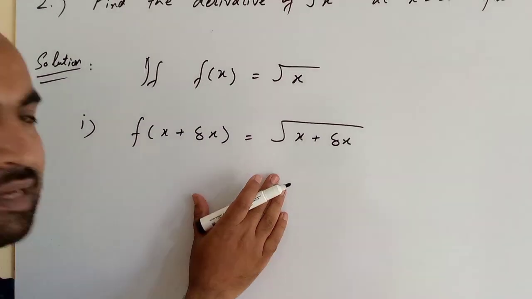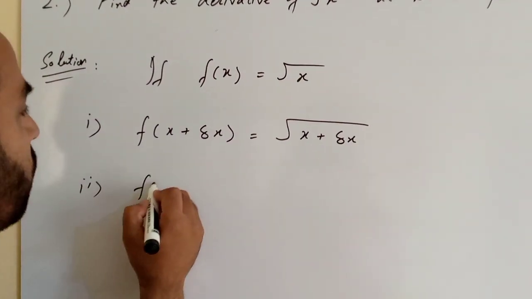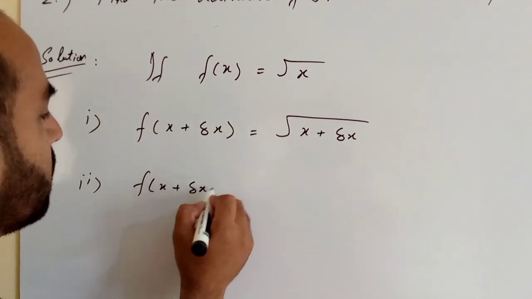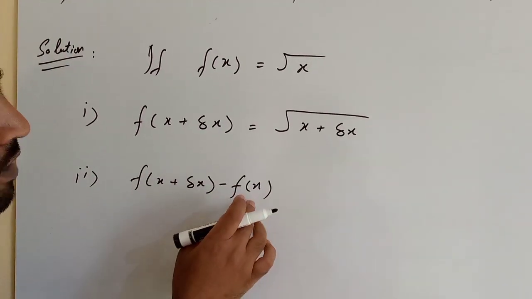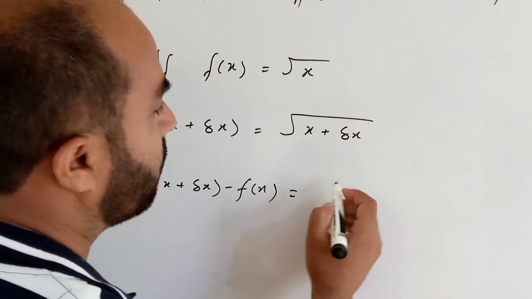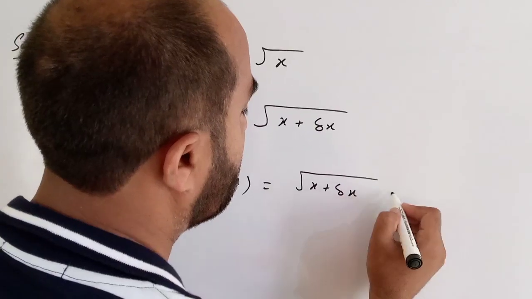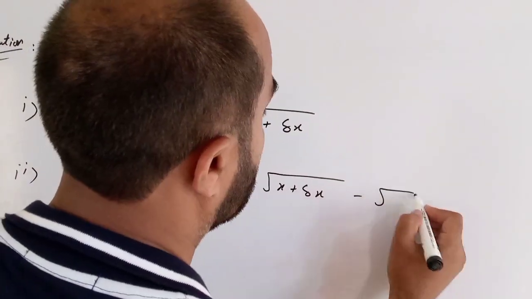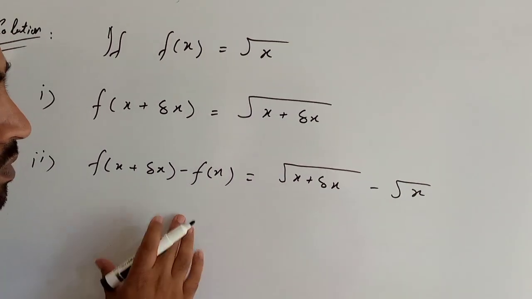This is our first step. In the next step we subtract the main function from this term: f of x plus delta x minus f of x, so square root of x plus delta x minus square root x. This is our second step.